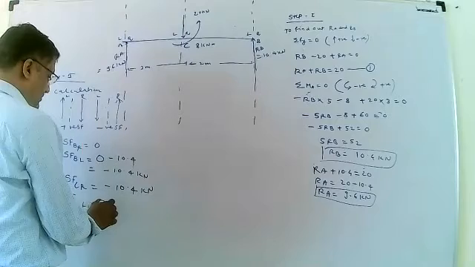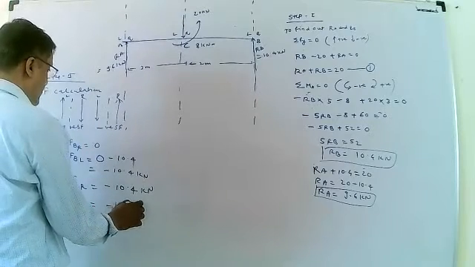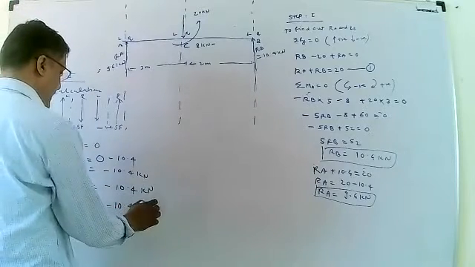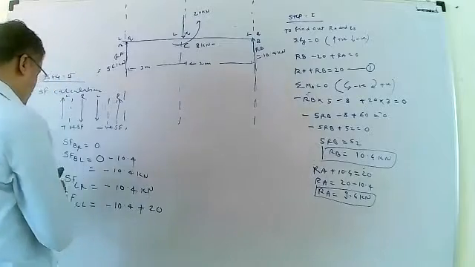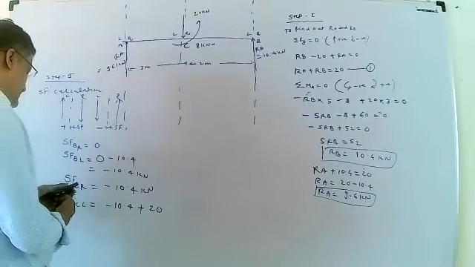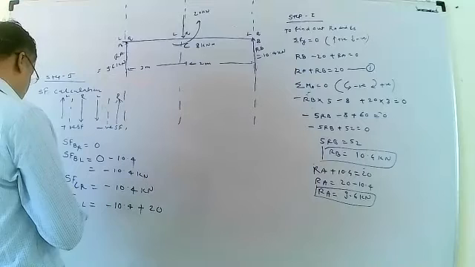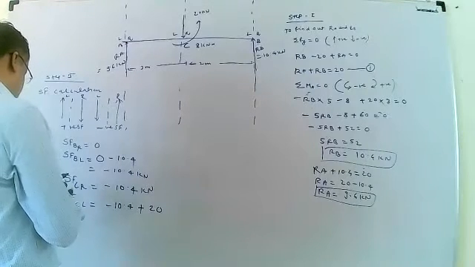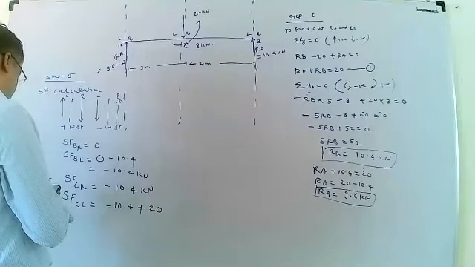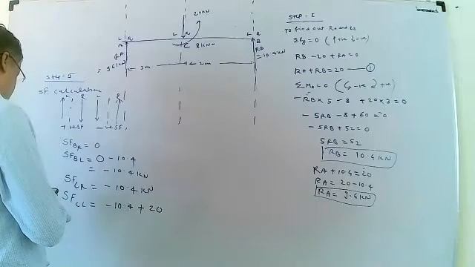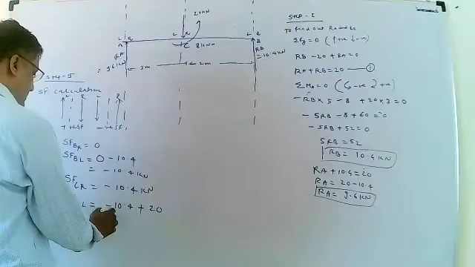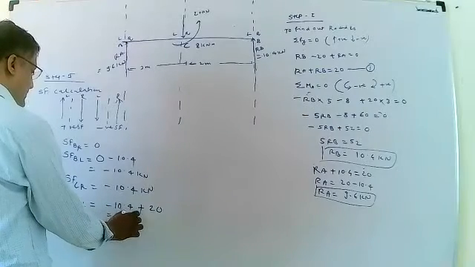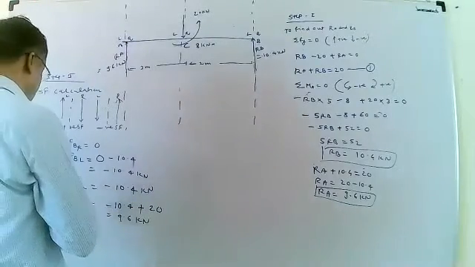downward is positive, minus 10.4 plus 20. The value we will get finally is minus 10.4 plus 20, 9.6 kilonewton.